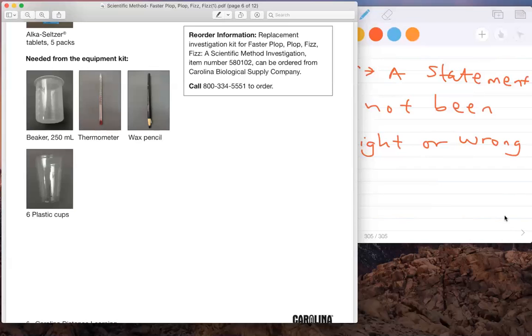Hannah, let me just answer the question here. Looking over the lab instruction, it says that we have to cut the tablet in half. Are we only dropping half a tablet each experiment, or both halves of the tablet? It is a half. You drop a half, so that you have enough data.